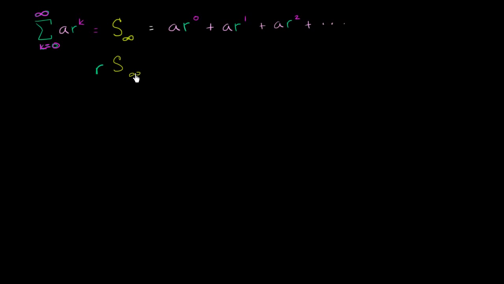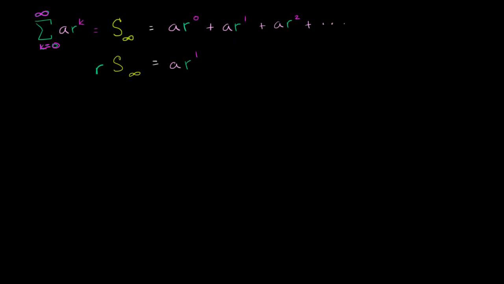So r times this infinite sum is going to be equal to, we're just going to multiply every term here times r. So a r to the 0th power times r is going to be a times r to the first power.